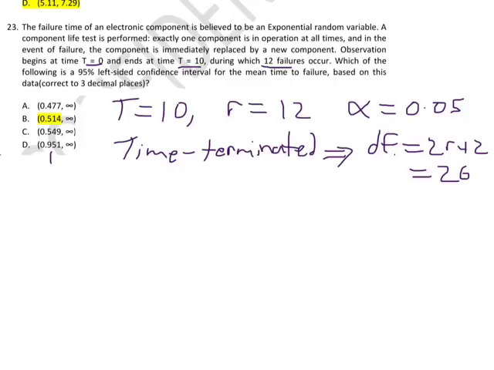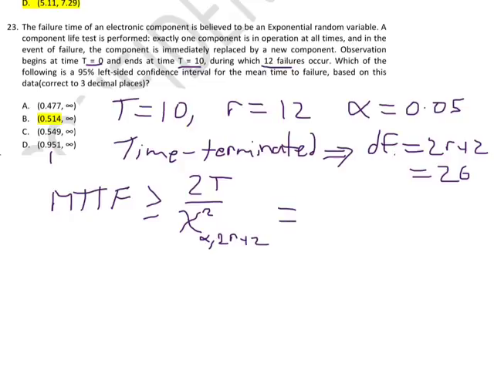I don't know if that's what it was intended to mean, but that's the way I like to think of it. So in this case we're going to use equation number 74, and it says that the mean time to failure is greater than or equal to 2T over the chi-squared from alpha with 2R, but we're going to use 2R plus 2. 2 times T is 20.